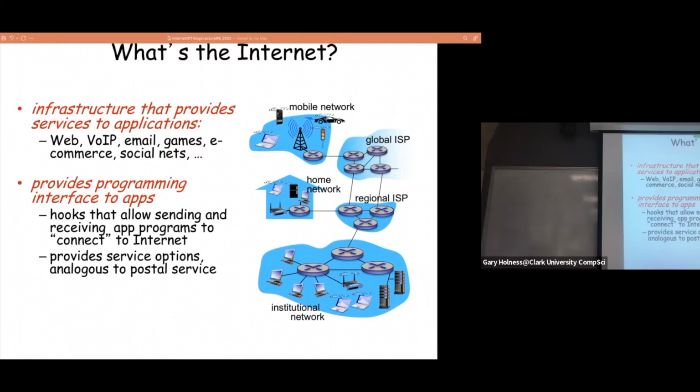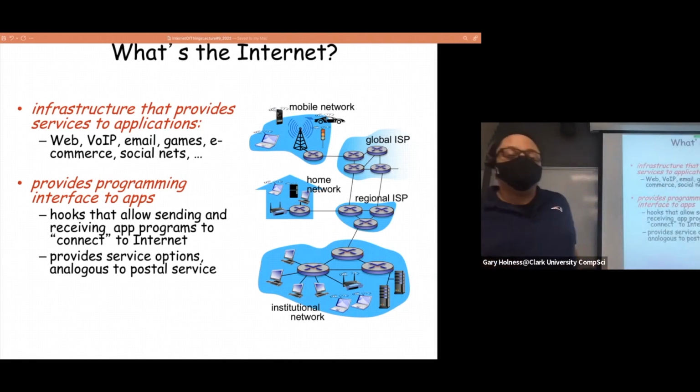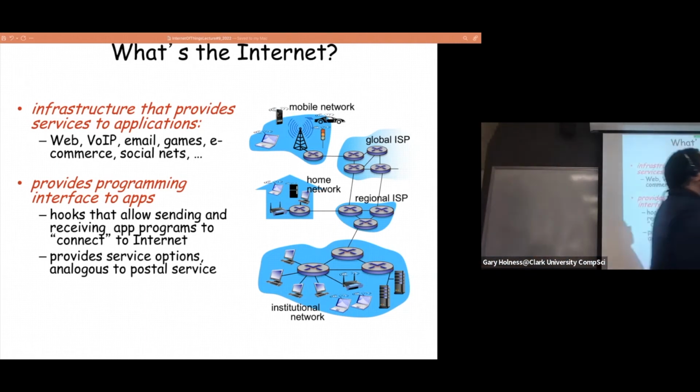So the internet has revolutionized a lot of things, and the internet is an infrastructure that provides services, all sorts of capabilities to applications. Now, it's not just a traditional application that sits on a machine and does stuff and you interact with the user. These applications are so-called distributed applications.